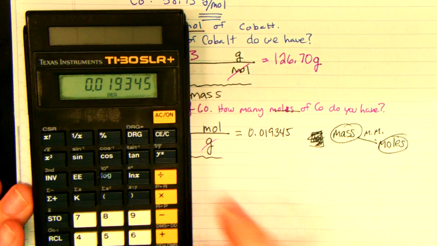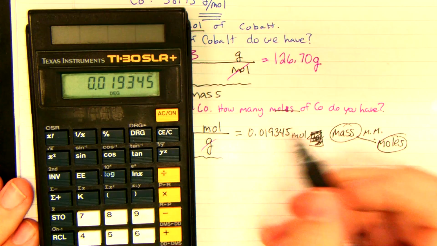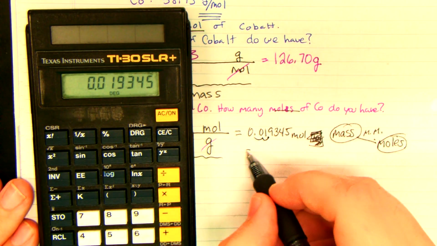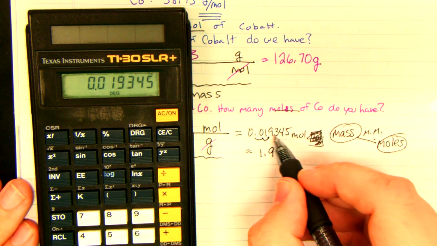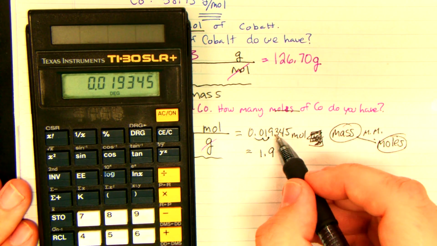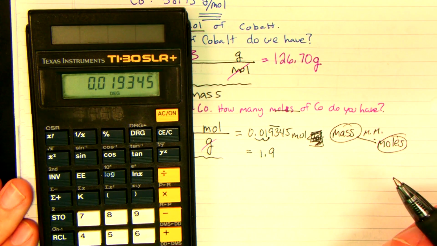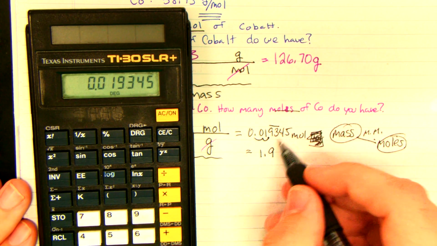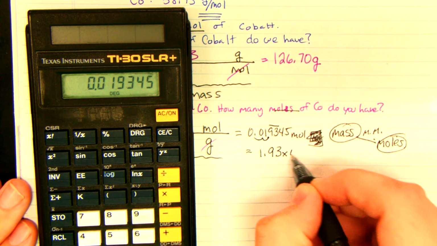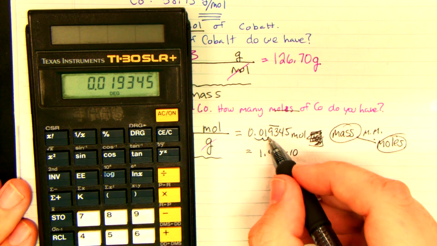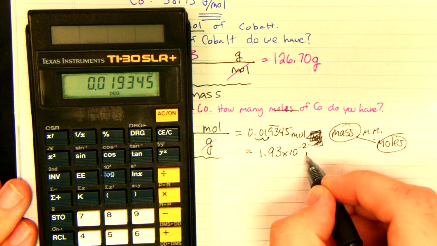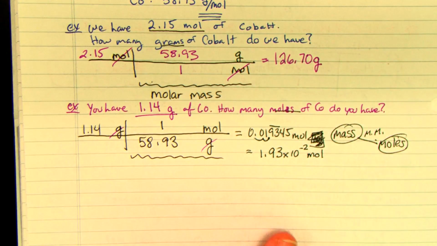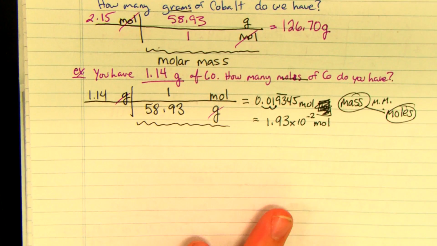If I want to go to scientific notation, I'll move that decimal place over 2 places, 1.9, and if I want to go to 2 decimal places, it would be 1.93. What does the 4 do to the 3? Nothing. Times 10. How many places did I move? 10 to the negative 2 moles. So that negative 2 tells me I have a small amount of moles in that case.